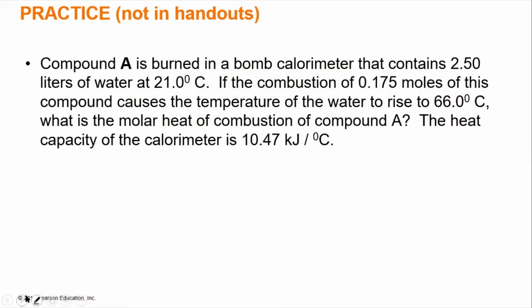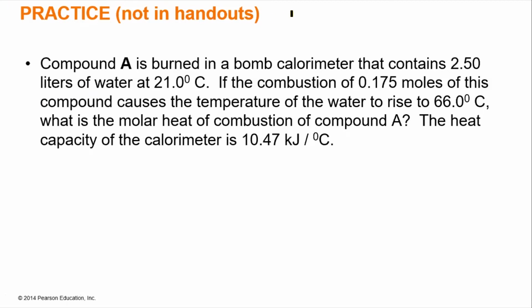It says compound A is burned in a bomb calorimeter that contains 2.50 liters of water at 21.0 degrees. And I know you're asking right now, hey, Dr. D.A, where is that? So I'm going to give you guys a chance to write it. I'm going to put it here on our doc cam so you can write it down. I don't think that this actually made it into our PowerPoint set.